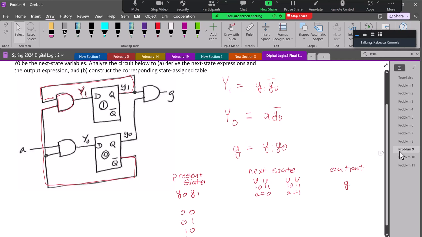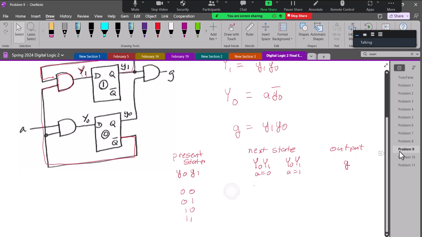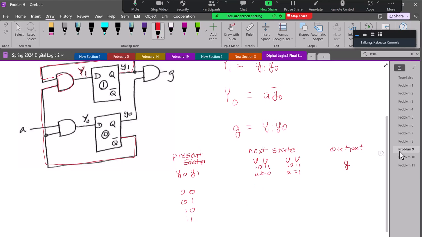Okay, so my next state, so for y0 it equals the and of A and y0 not. So when A is 0, this is going to be 0 all the way through. So I'm just looking at this and using y0 and y1.